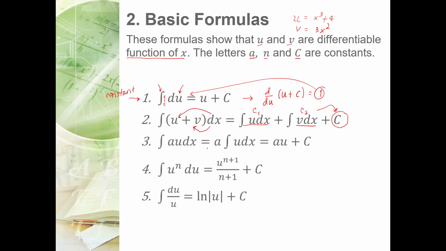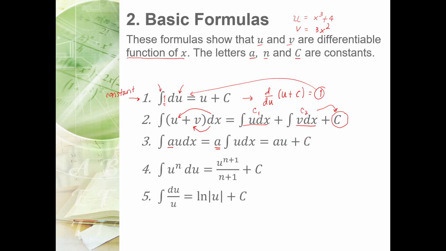Another property is that if you have a constant coefficient, you can just factor the constant outside the equation, for example a. Factor out the constant, and then you can deal with the constant after integrating. So it becomes au plus c.